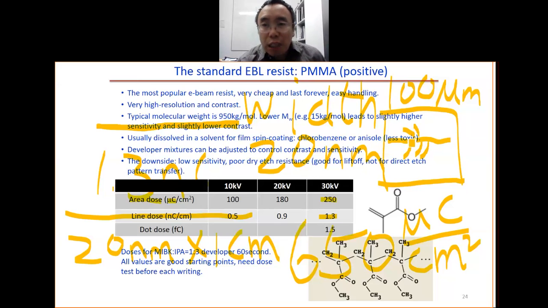So as a result, this one you need a lower dose. But when you expose one isolated line, with no pattern nearby, then you need a higher dose because you have no contribution of the proximity effect exposure. So this is a very important concept, and I hope you can understand this very well.